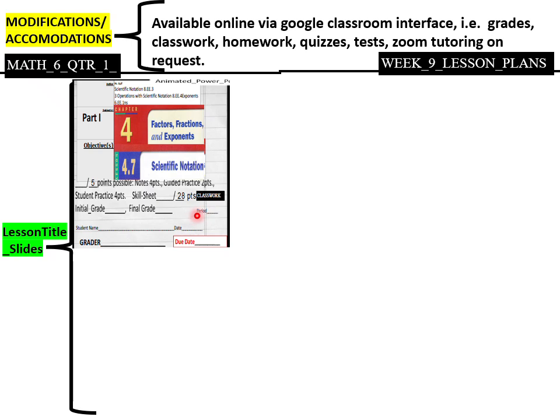For the classwork, it's 28 points of classwork, and then 5 points for note-taking.